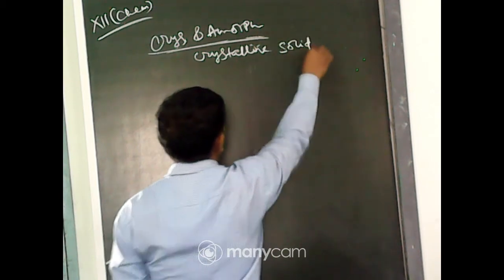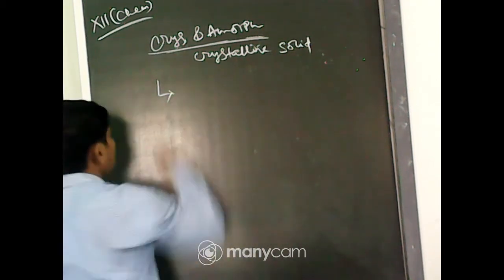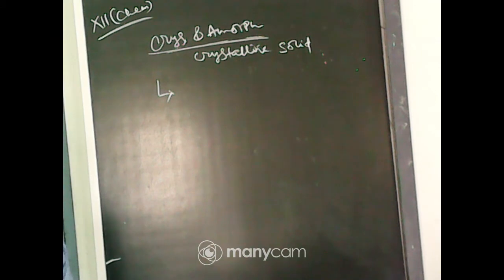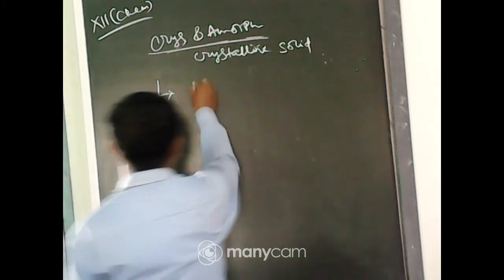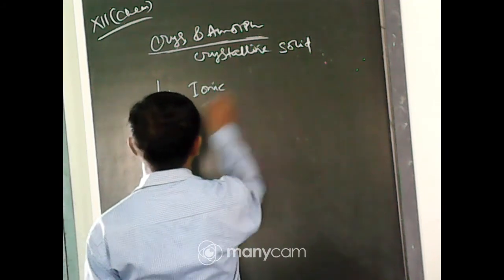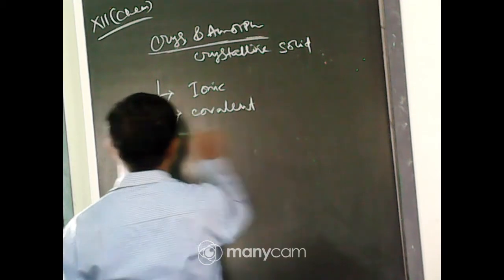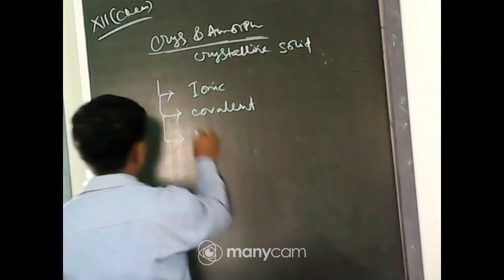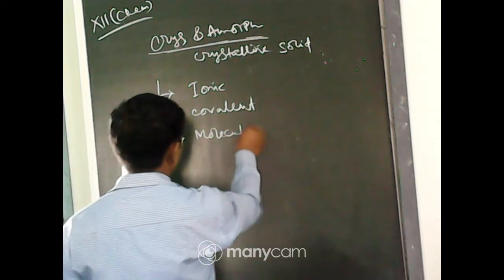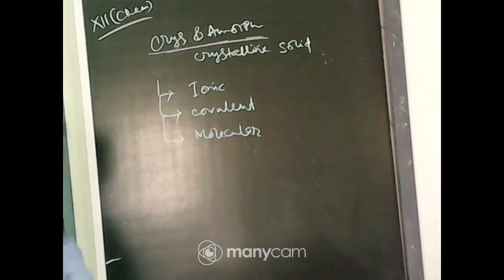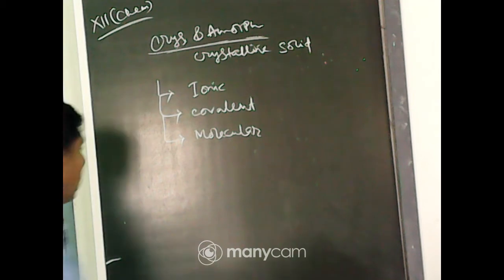There are 4 types of crystalline solid. Number 1 is ionic solid, covalent solid, molecular solid, and number 4 is metallic solid.